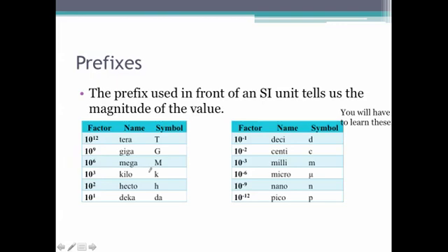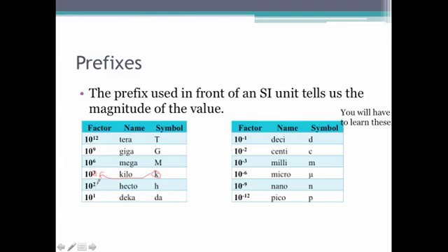That's a kg. Well, that kilo there is actually a prefix, and what it's referring to is this factor here. Now you mightn't be too familiar with these little superscripted numbers up here, but all this means is 1 followed by whatever the number of zeros is. So 10 to the 3 actually means 1 followed by 3 zeros, which is another way of saying 1,000.